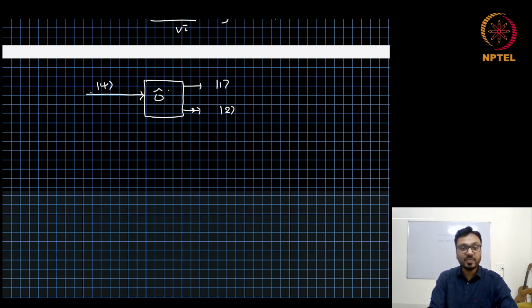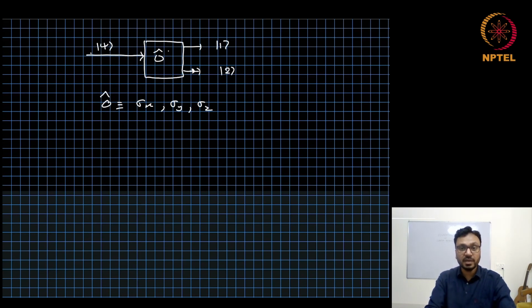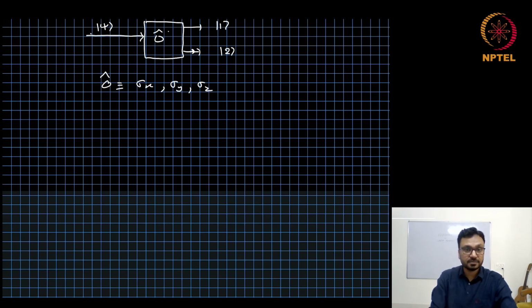This experimental setup is designed for a given observable, and these observables for us are nothing but sigma x, sigma y, and sigma z. So these states 1 and 2 will be correspondingly plus minus, or plus minus y, or h v. Those will be the eigenvectors.